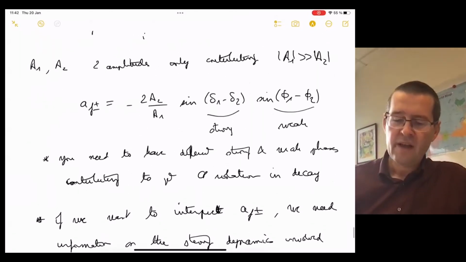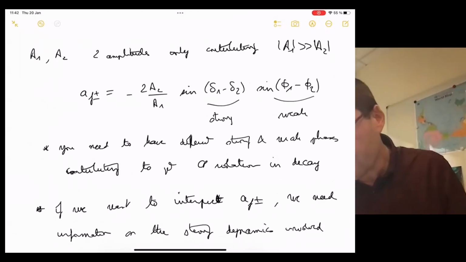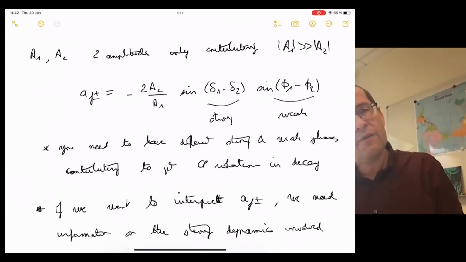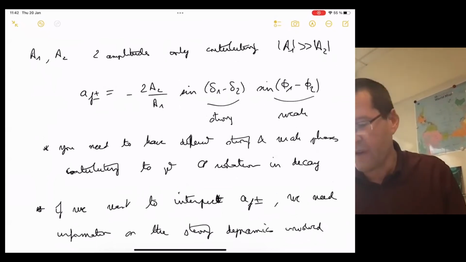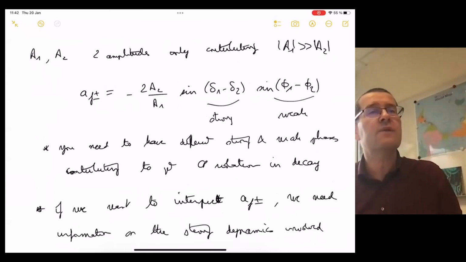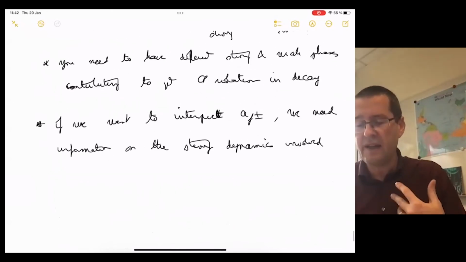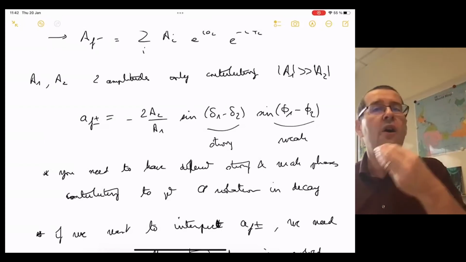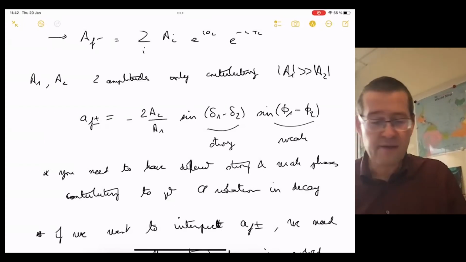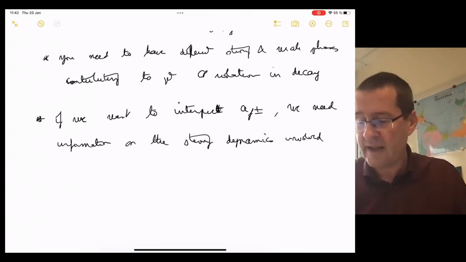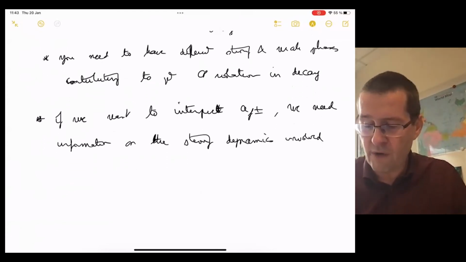In other words, in A2 and A1, you've got information on the moduli of the CKM matrix elements. If we want information on phi 1 and phi 2, we need to know something about delta 1, delta 2. That means, once again, that we need to know something about the strong dynamics in order to extract from this asymmetry some information on the weak phase. In some cases, and I will briefly comment on that at the end, it is possible, but it's not the most general case.